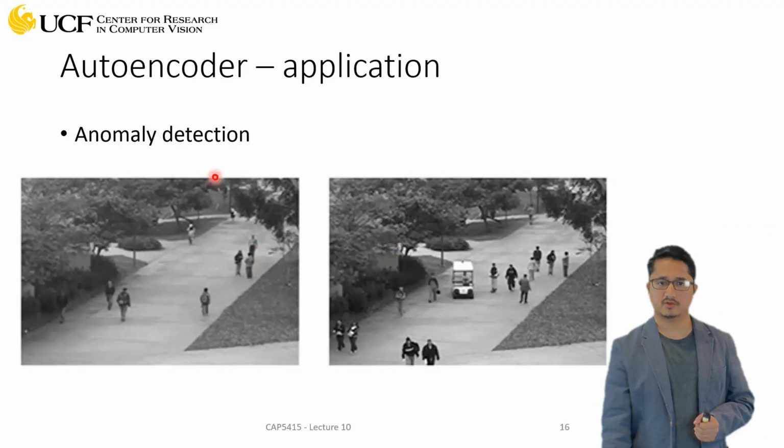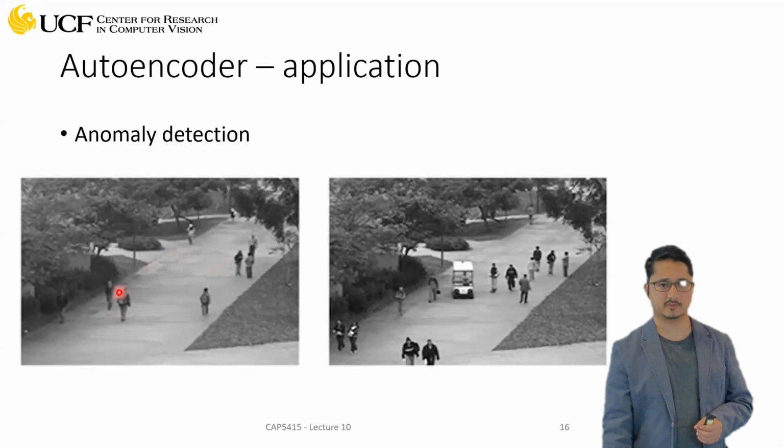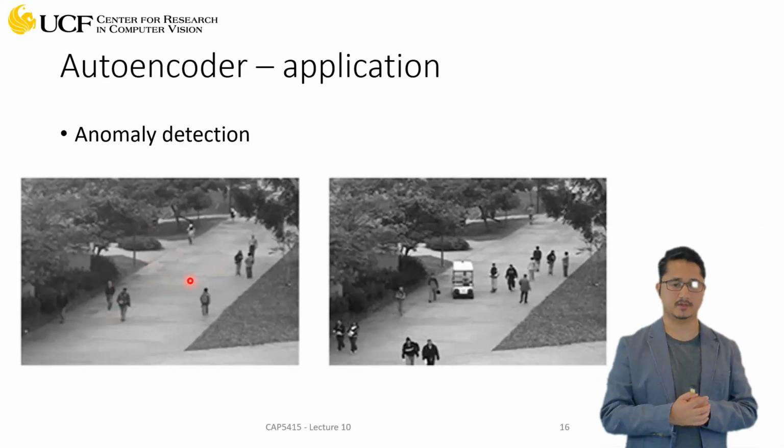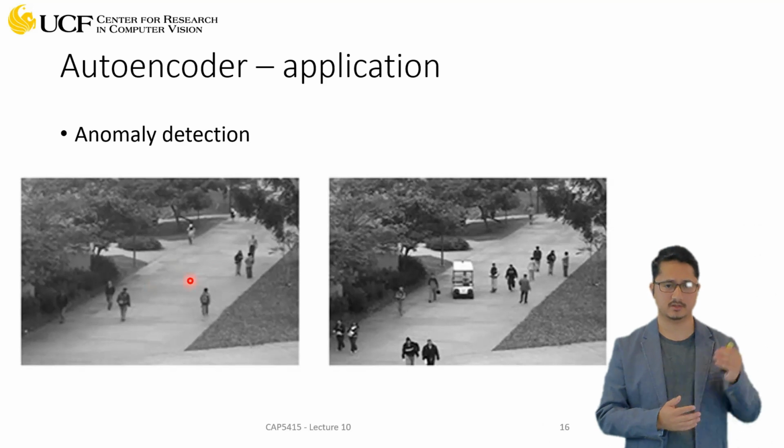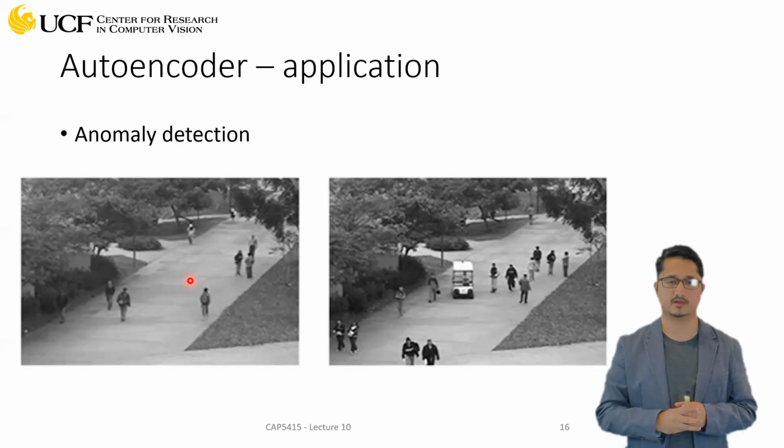Now, how can you use autoencoders to solve this problem? You can have a lot of clean images and just train your autoencoder on those clean images, reconstructing the way we were discussing earlier. Send a clean image as input and you get a clean image as output. Just train it.